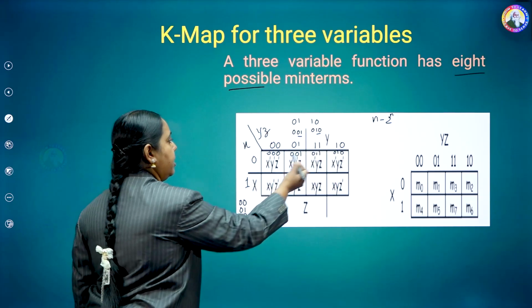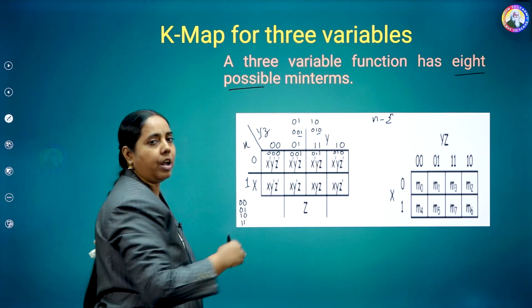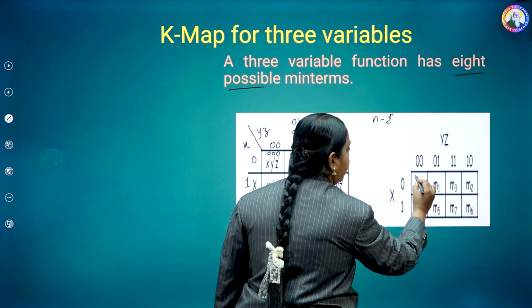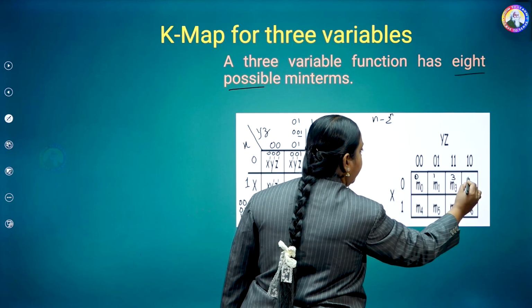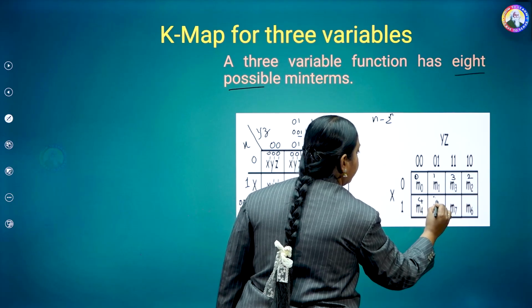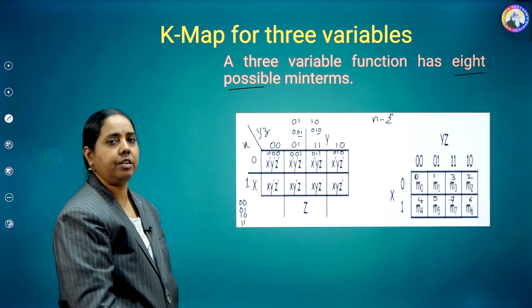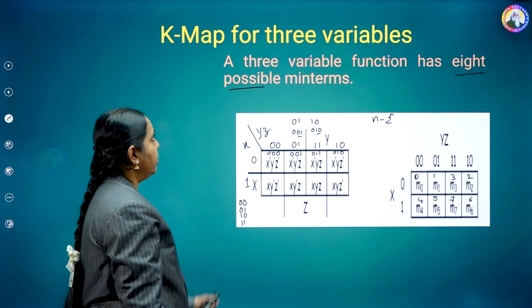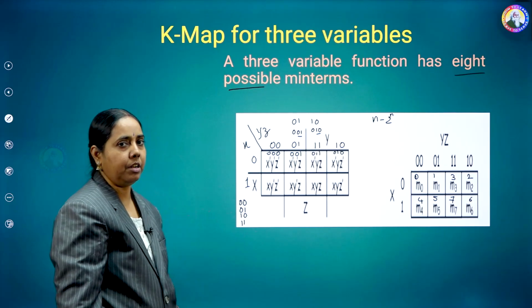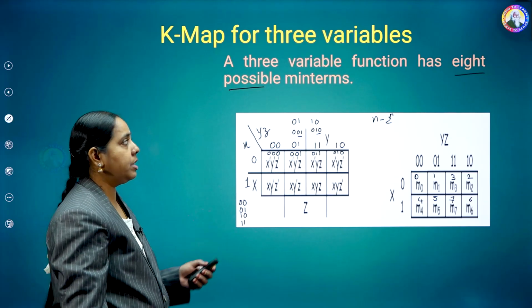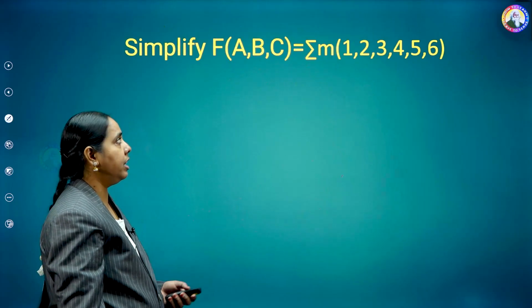As we are interchanging here, instead of 1, 0 I am writing 1, 1, and here also the numbers get interchanged: 4, 5, 7, 6. The same I am representing with the minterms. So this is the representation of the 3 variable K-map, and we'll take one example of how to solve a given simplified expression by using a 3 variable K-map.